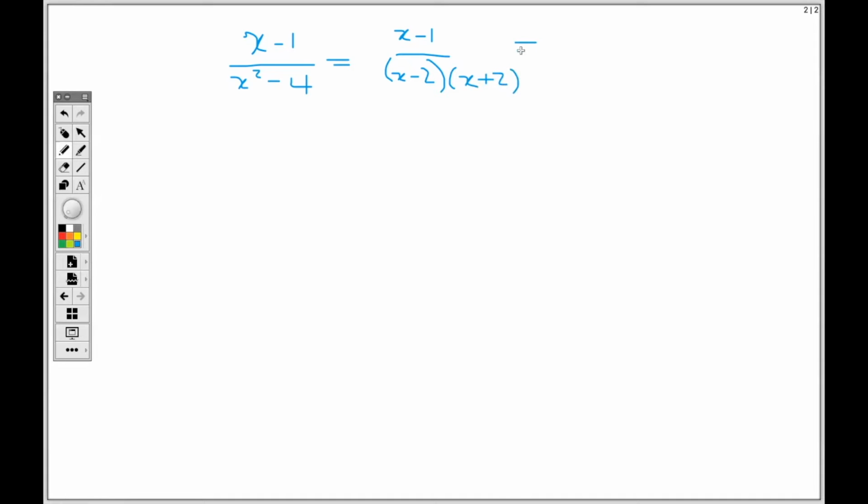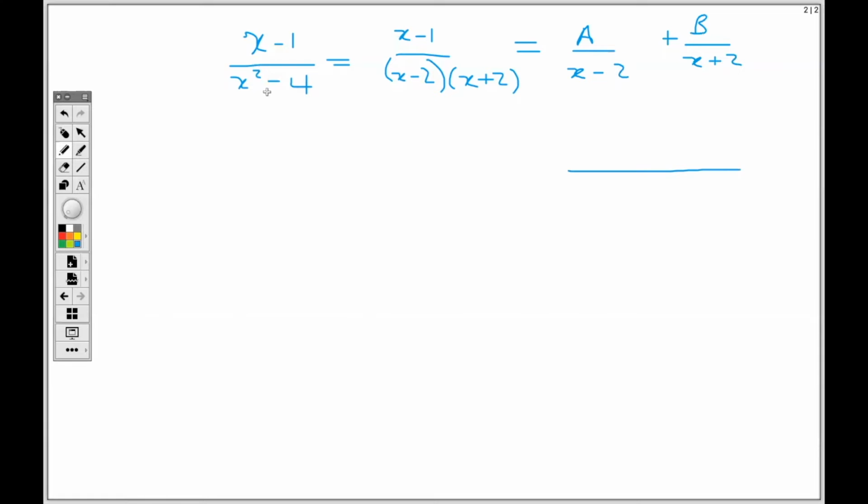And next, separating it as two fractions, I will have it as A over x minus 2 plus B over x plus 2. Now, I need to find the LCM of this, and what we're saying is that both sides are the same.